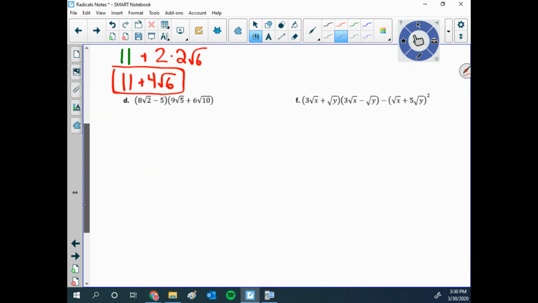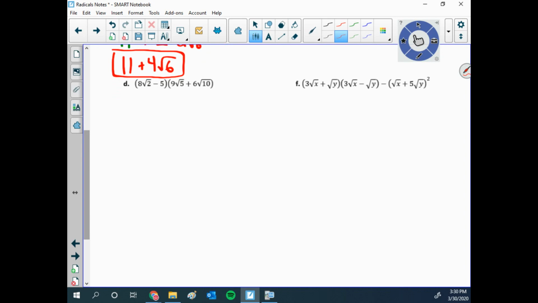All right, one more quick question, and then we'll be done. Pretty similar here, I'm just going to multiply out. 8 root 2 times 9 root 5: 8 times 9 is 72, and root 2 times root 5 is root 10.